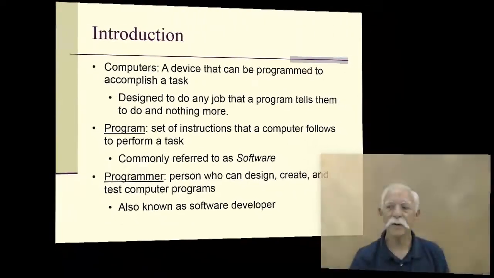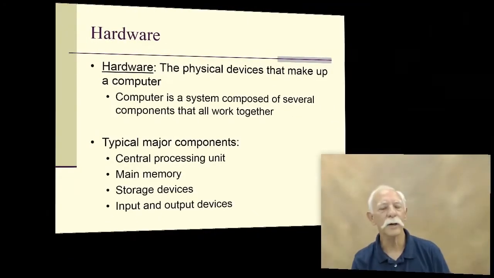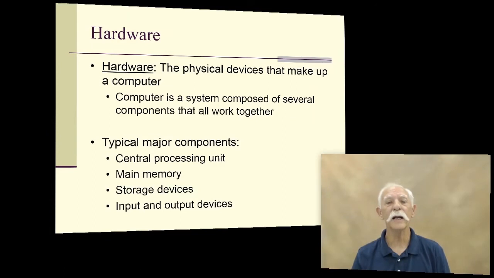So let's look at the actual hardware. Now the hardware, you think, oh, I know what a computer is. Well, let's take a look at it. A computer can be anything. It's the physical devices that make up desktops, laptops, tablets, smartphones.